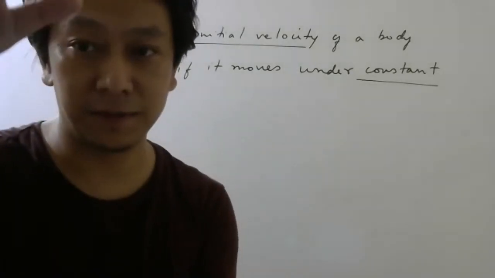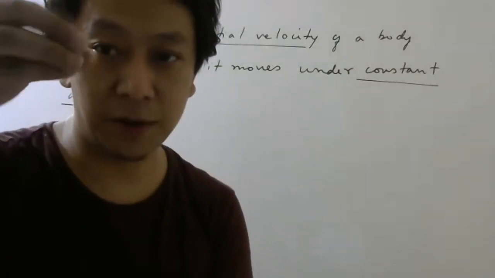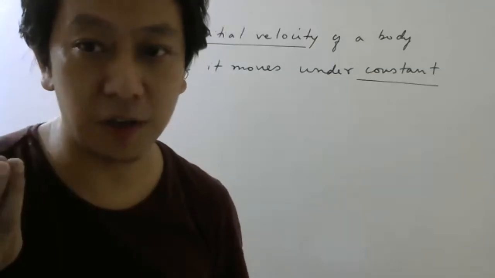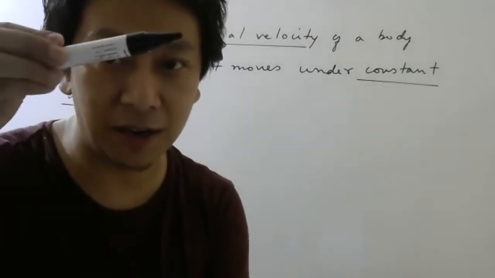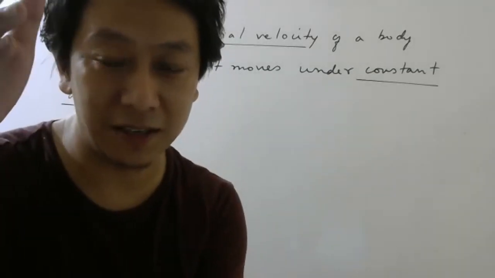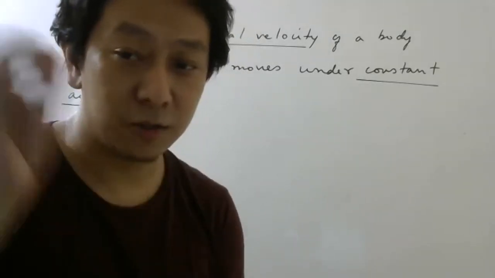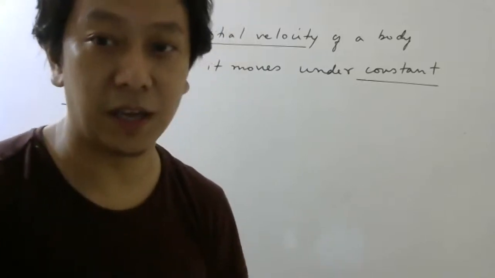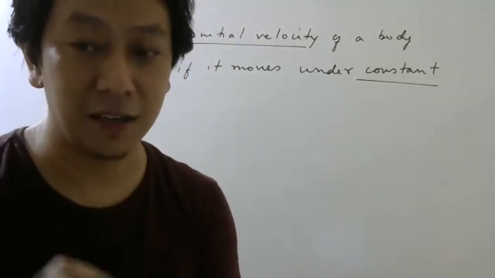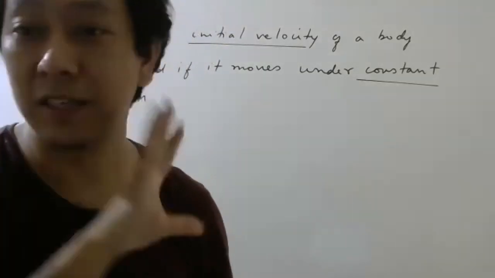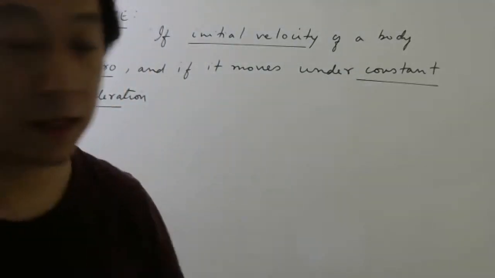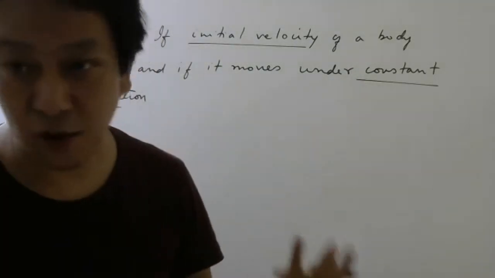Example could be like this. If I drop a ball, it will start with 0 velocity because I'm holding the ball right now and I'm releasing it, not throwing. If you throw, your hand is moving now. So the pen will also be moving at that moment when I am releasing it. But if I simply release, then initial velocity will be 0. And acceleration of gravity is constant only.